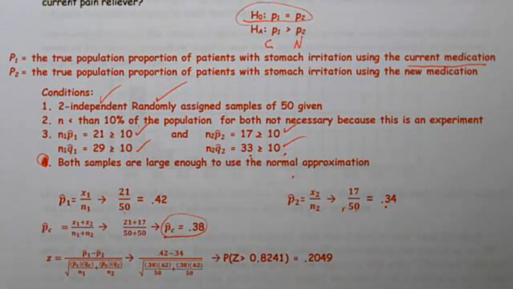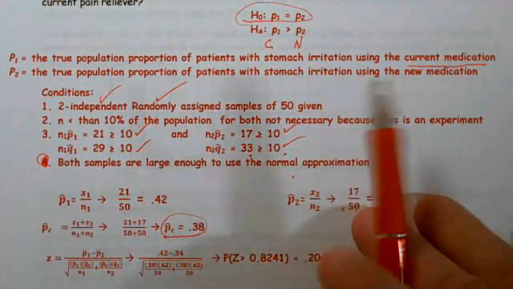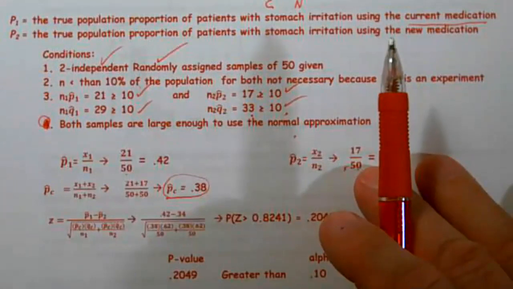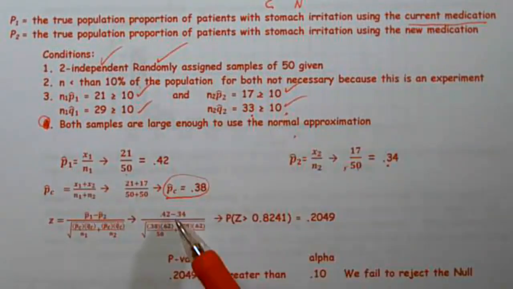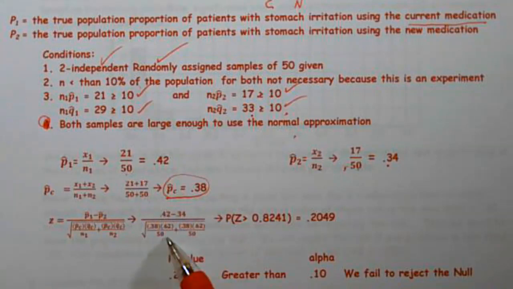All right, so I wrote down my formula. You always should include the formula. This is not showing up very well. I apologize for that. It should have made it bigger. And then I plugged in proportion 1 minus proportion 2. And then it was PC or P pooled, 1 minus P pooled over the sample size of the current pain reliever.